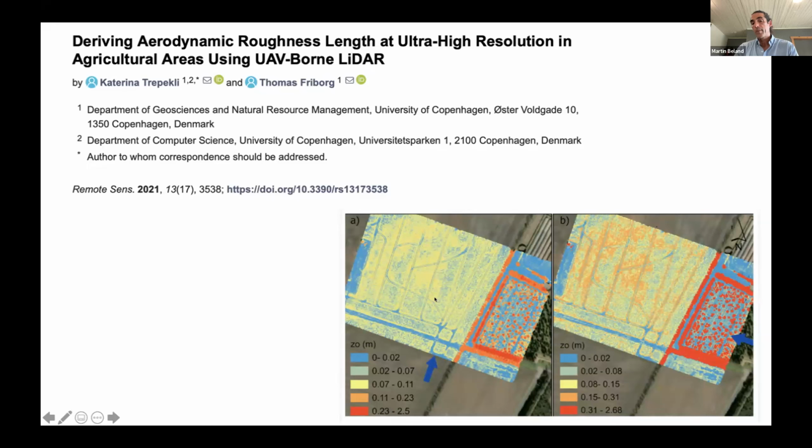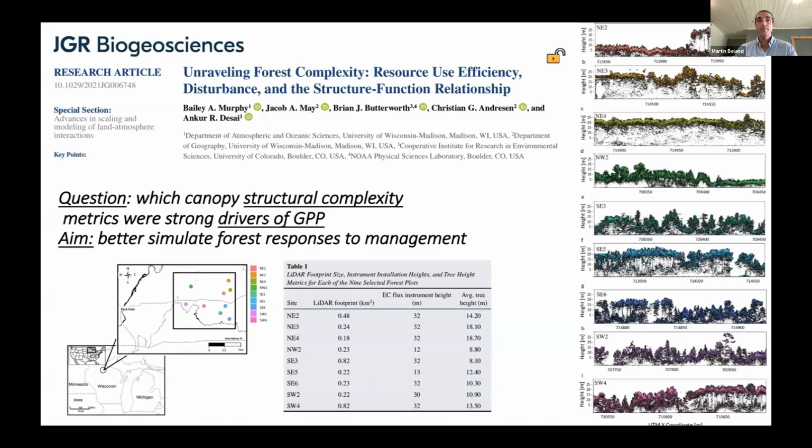This is based mainly on the height of the objects and the difference in height in different directions of incoming wind. So they use the UAV for doing this, which obviously has a very high resolution and very high accuracy as well.